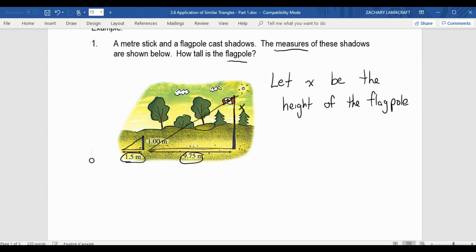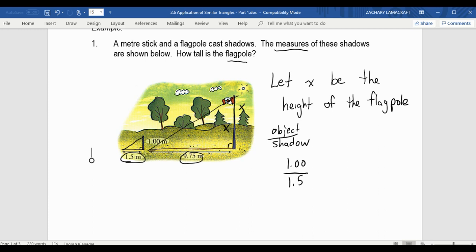Okay, so you following me so far? We know that the meter stick's in the ground, the flagpole's in the ground, and they both have shadows. The shadows, we know what they are, but we need to set up a ratio. So just like we did with our triangles, I drew us some triangles there. We have x right here. We've got two similar triangles because they both have a right angle. So if I put, let's just say, the height of the object over shadow, I would get on this one 1.00 over 1.5.